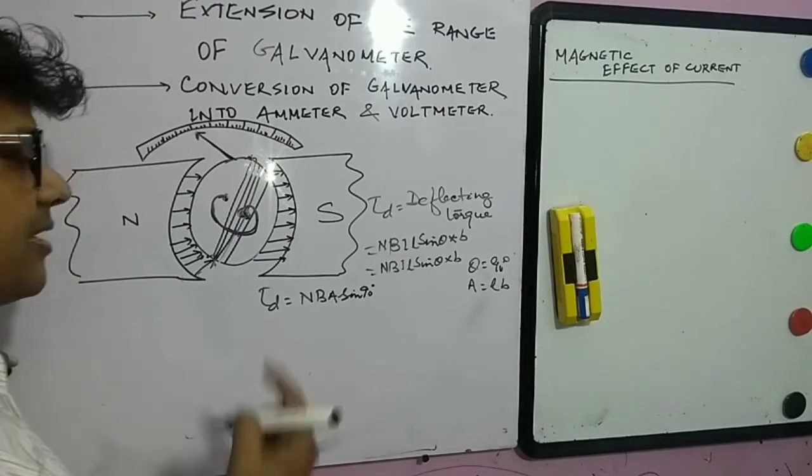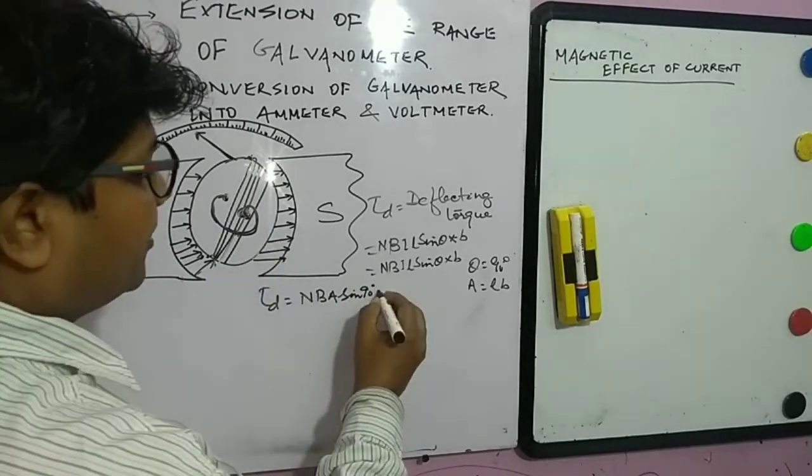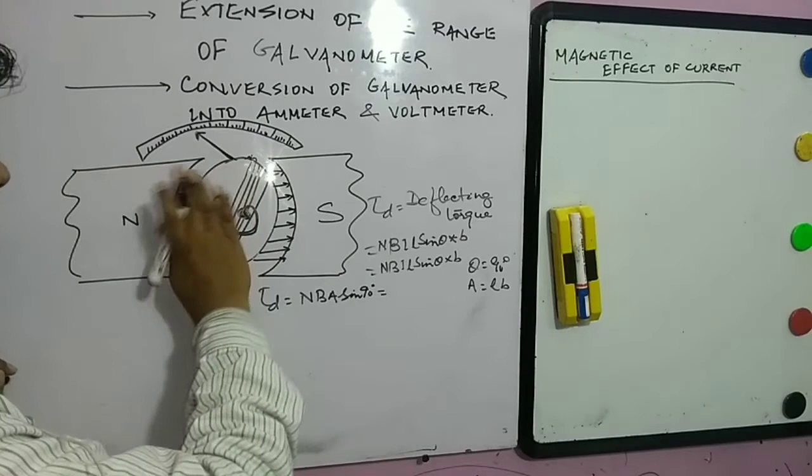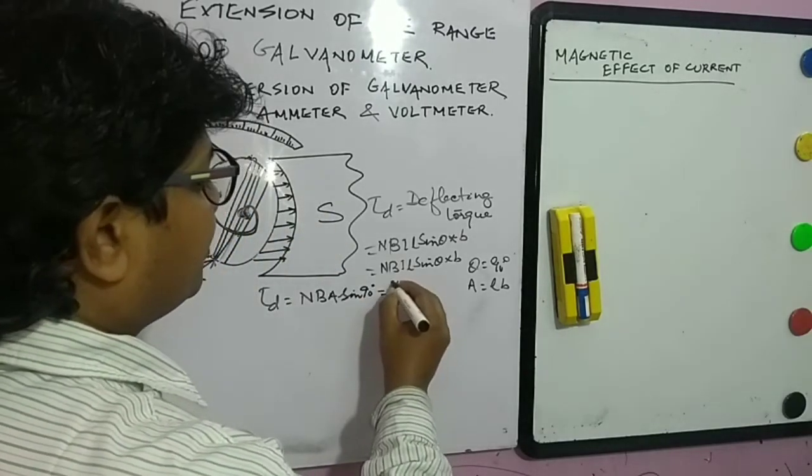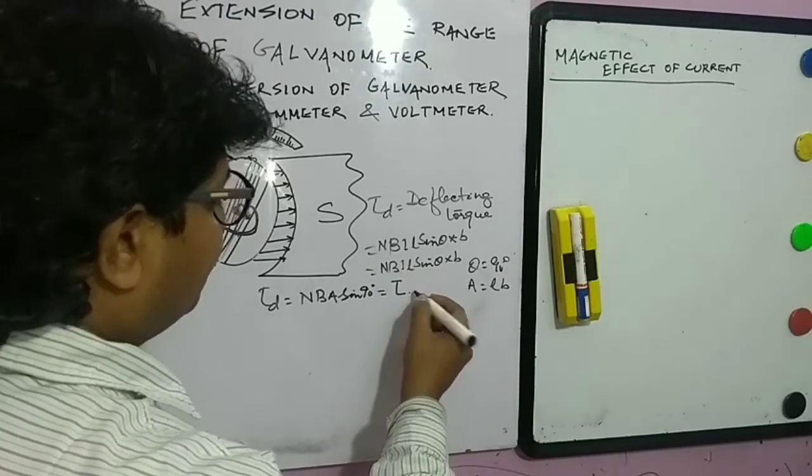So sin 90 is 1, and when the pointer moves, there will be a restoring torque, and that restoring torque will be equal to the deflecting torque.